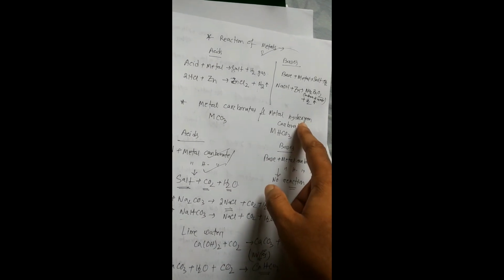After that, for metal carbonate and metal bicarbonate, that is metal hydrogen carbonate, there is no reaction with bases, but the reaction of acid with metal carbonate or metal hydrogen carbonate will provide carbon dioxide, water and some salt. This carbon dioxide can be tested when passed through lime water, which turns milky, and this milkiness disappears when an excess amount of carbon dioxide is dissolved in the solution.